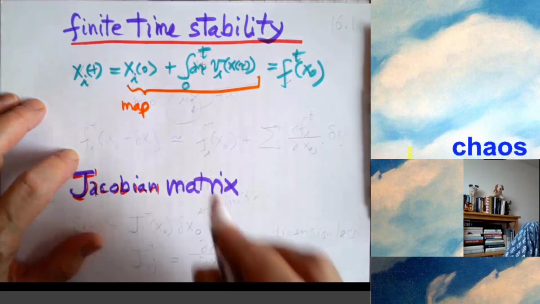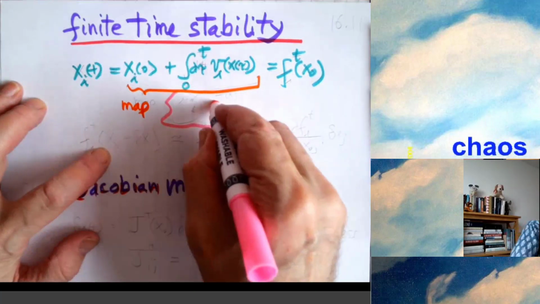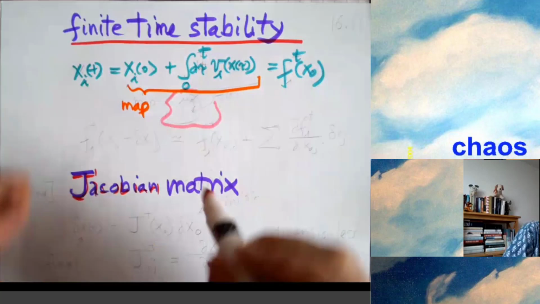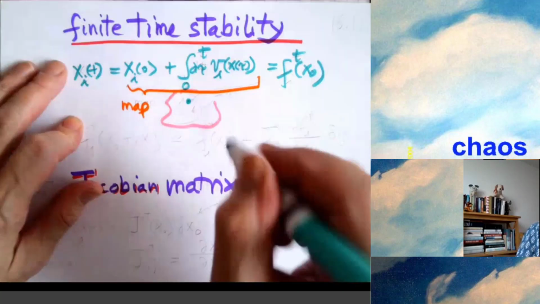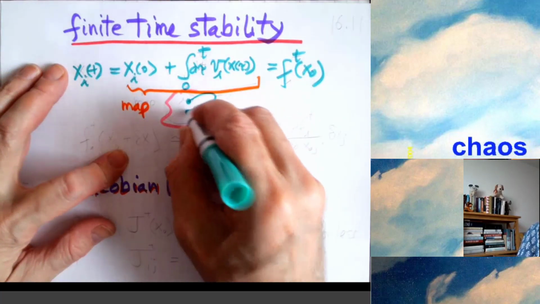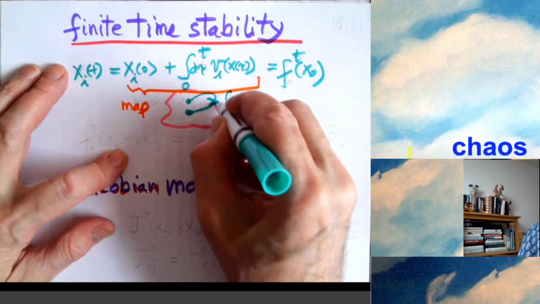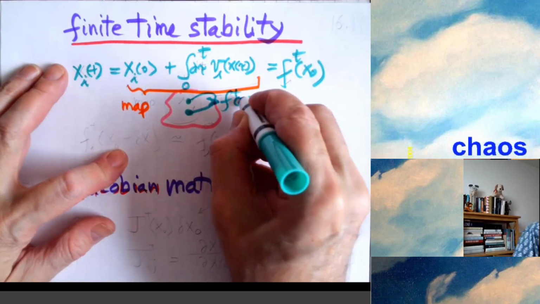What does it do? It takes a point in the space and maps it into another point within the space. So that's what we call a map. And it depends where you started and how far you go.